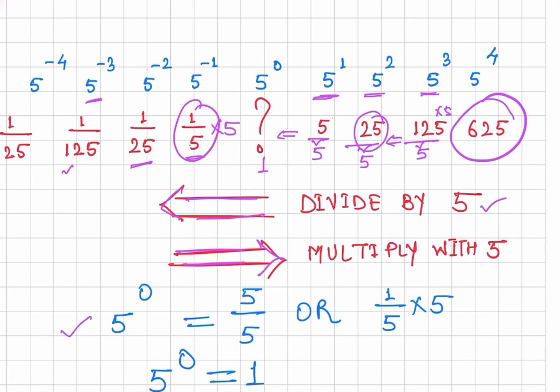So 5 raised to 0 is nothing but 5 divided by 5, or you can write 1 by 5 multiplied by 5. Both answers yield 1. So 5 raised to 0 is 1, and you can do the same thing for any number, like 7 raised to 0 is also 1.